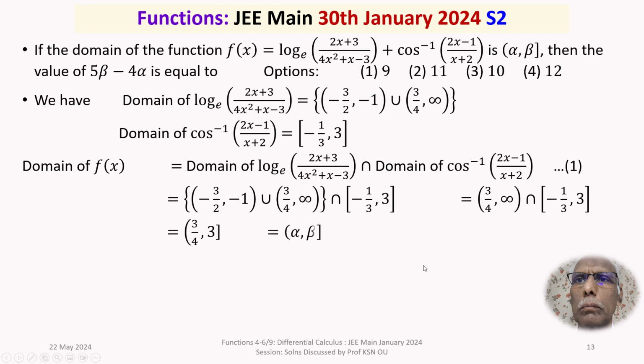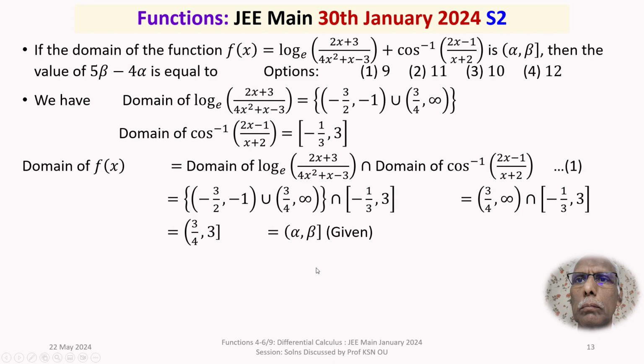So this is the one. Take the intersection. So minus 1 by 3 comes first, then 3 by 4, then 3, then infinity. What is common? 3 by 4 open to 3 closed. It's a semi-closed interval. But this is given to be alpha comma beta, the same type of interval.